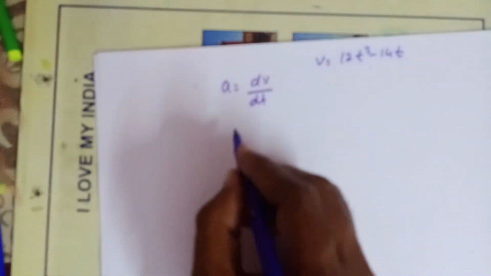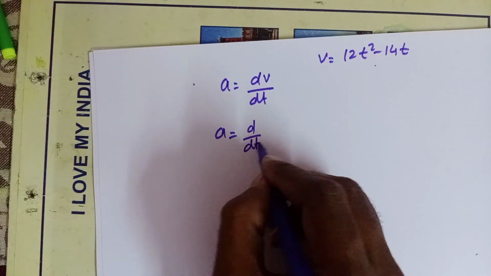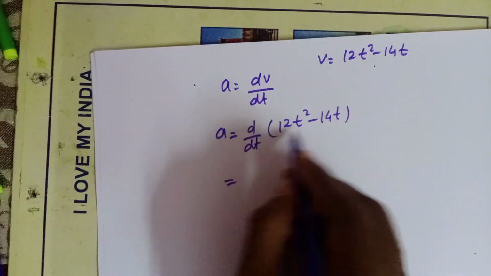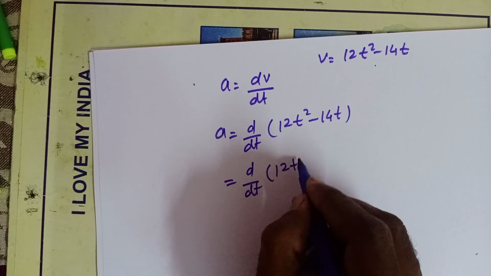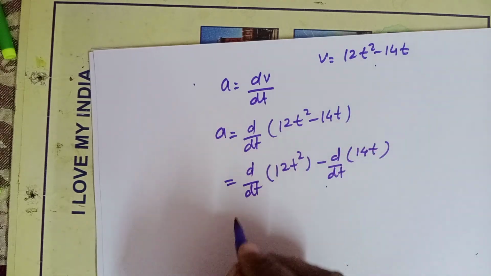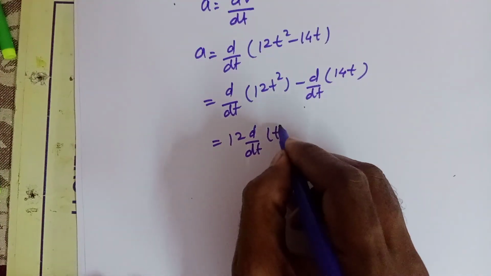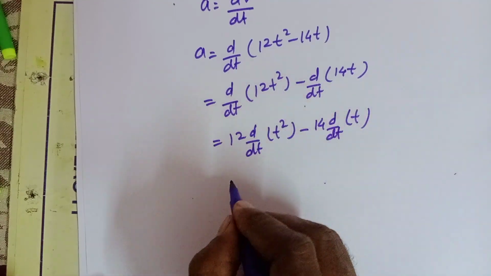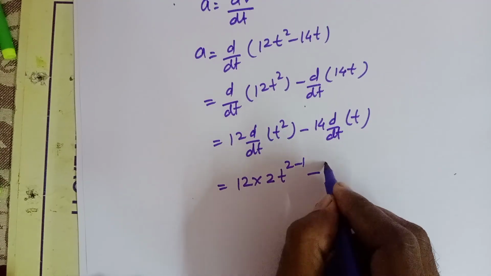Now this velocity we will put here. a equals d by dt of 12t square minus 14t, then write separately, d by dt of 12t square minus d by dt of 14t. This 12 will be outside, d by dt of t square, minus 14 d by dt of t. Then it becomes 12 into 2t to the power 2 minus 1, minus 14.